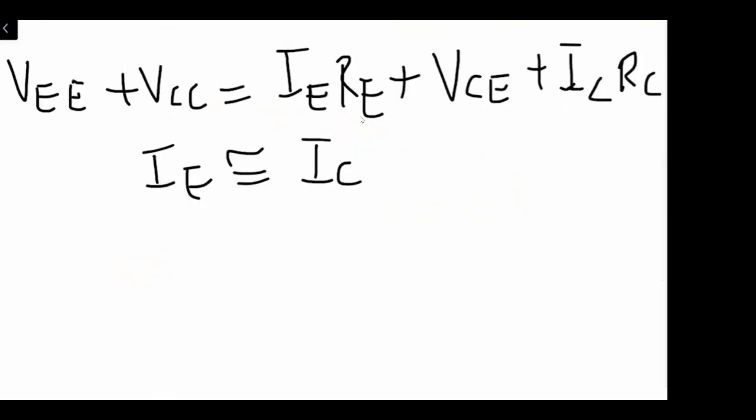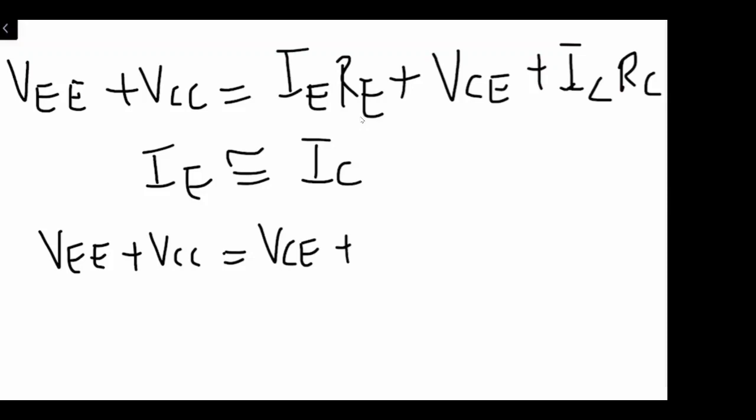Once we replace it, we can write VEE plus VCC is equal to VCE plus IE times RE plus RC, right?